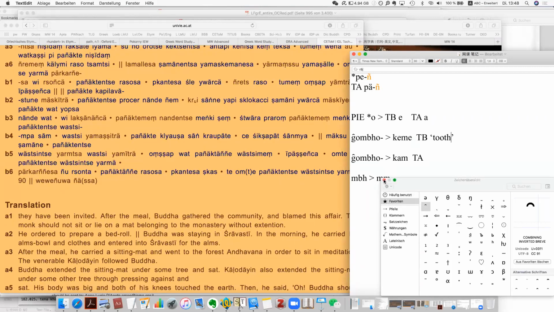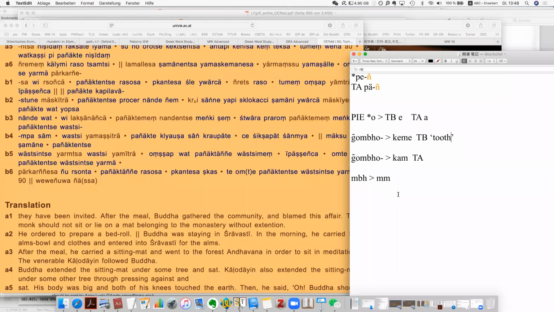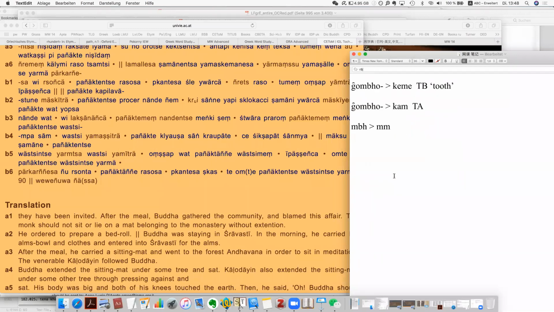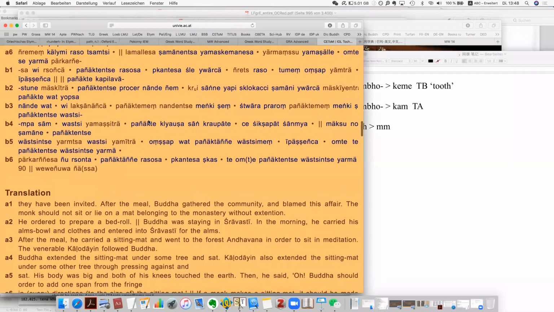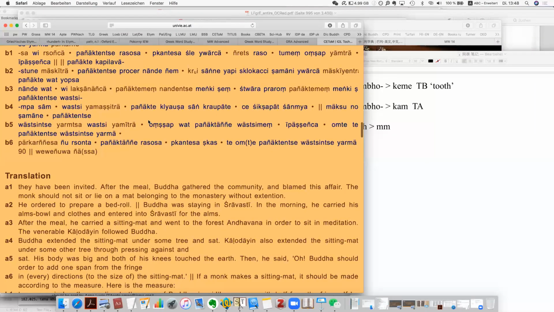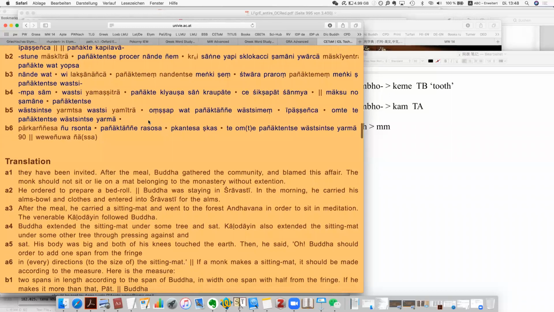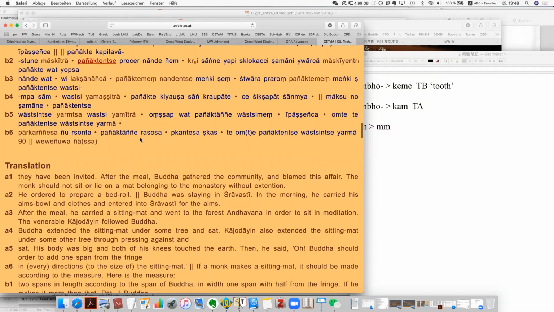But if you are interested, you can check the Brahmi script yourself. But for this class, we are not going to read the Brahmi. Usually, if there are some problems, we can check the original manuscript. But for the normal reading class, we won't read it. So this is the text, the same text we have read last time, and probably we can read from here.